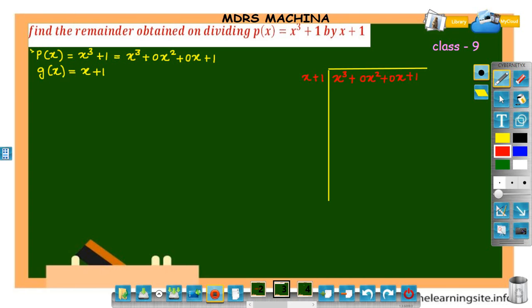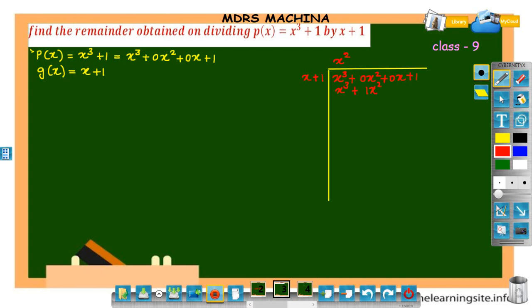Now first step is divide the first term by first term. X cube by x is x square. So now multiply the quotient with the divisor. X square into x is x cube. X square into 1 is 1x square.